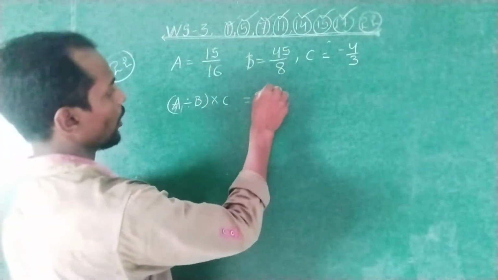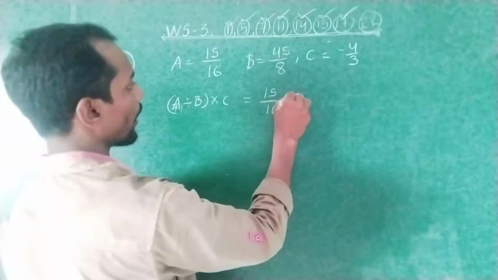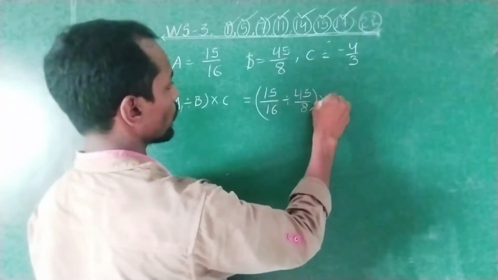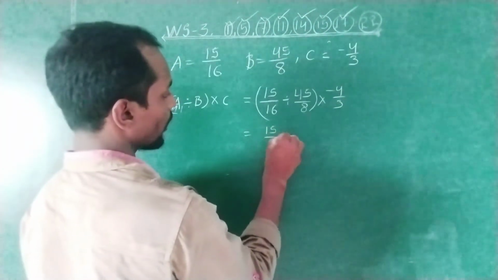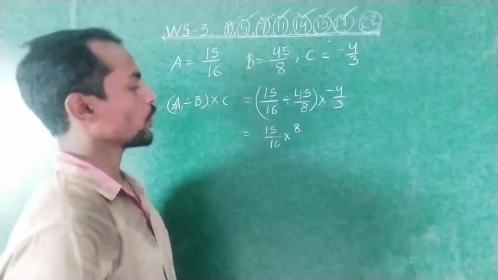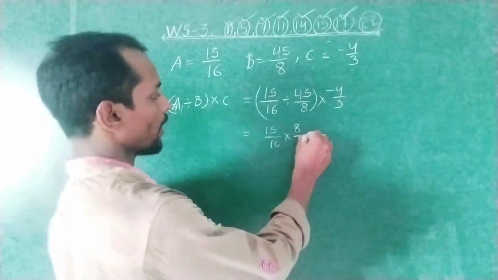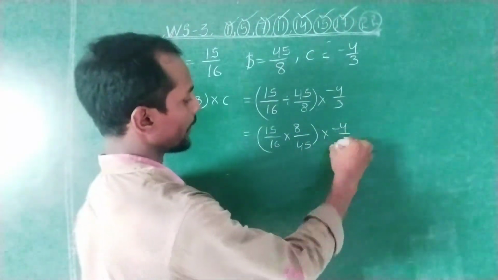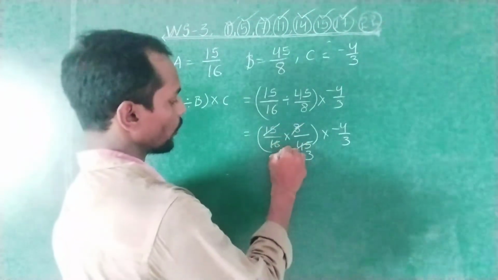The A value is 15 by 16, divided by the B value 45 by 8, into the C value minus 4 by 3. So for division of two fractions, you have to multiply the dividend by the reciprocal of the divisor: 15 by 16 into 8 by 45 into minus 4 by 3. 15 ones are 15, 3s are 45; 8 ones are 8, 2s are 16.